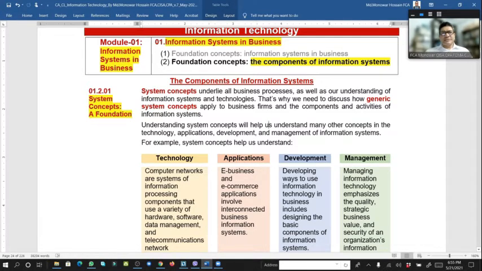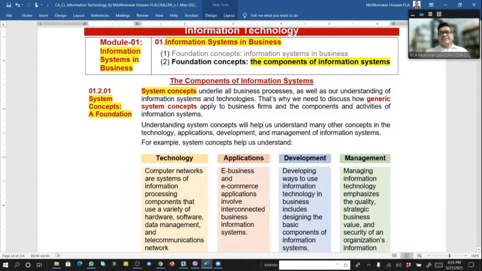First, the system concept deals with business process as well as our understanding of information system and technologies. That's why we need to discuss how the generic, that means general, system concept applies to a business firm or organization, and the components and activities of the information system.